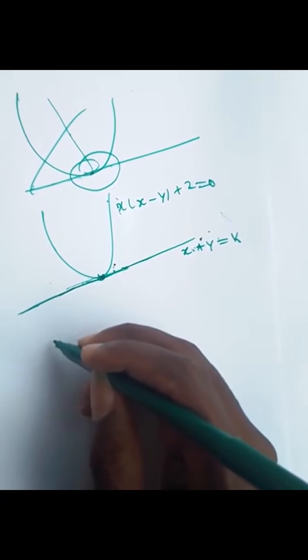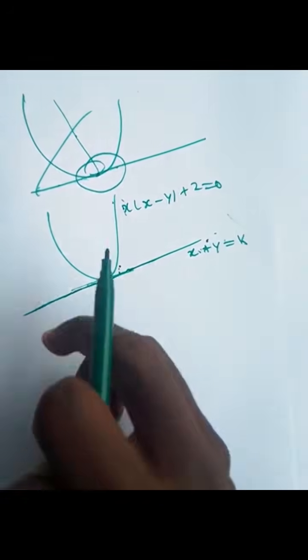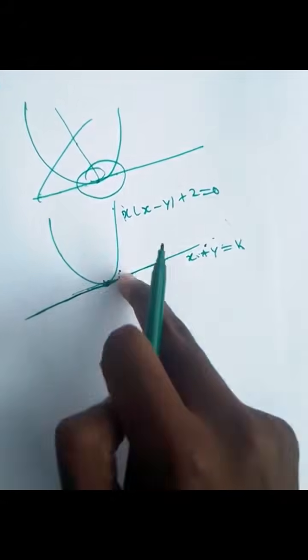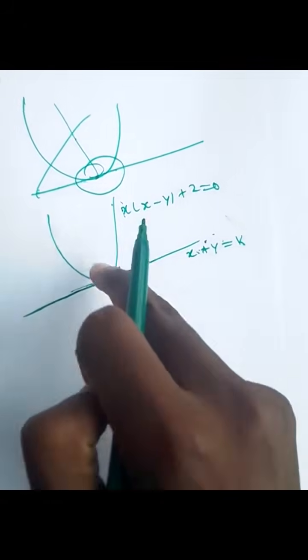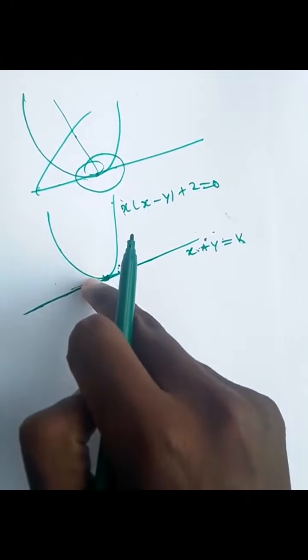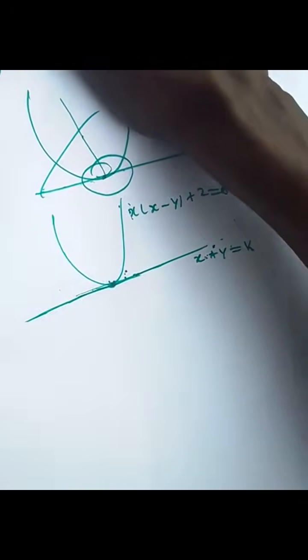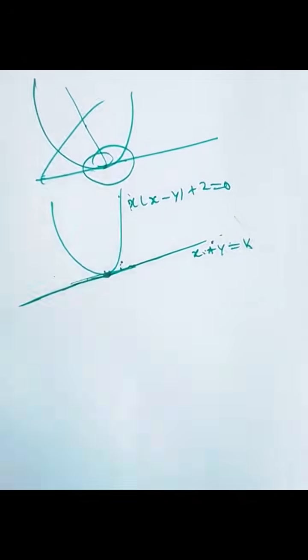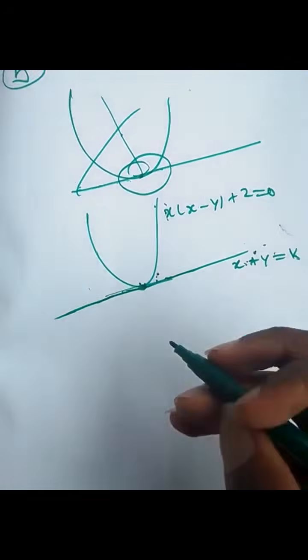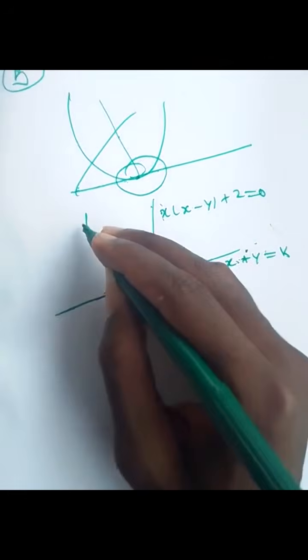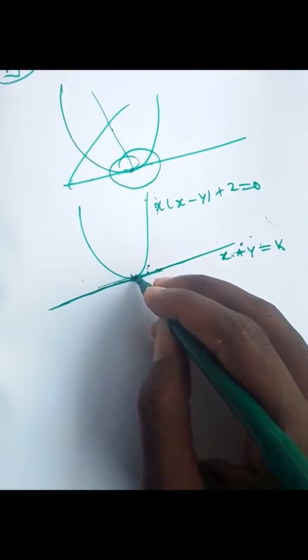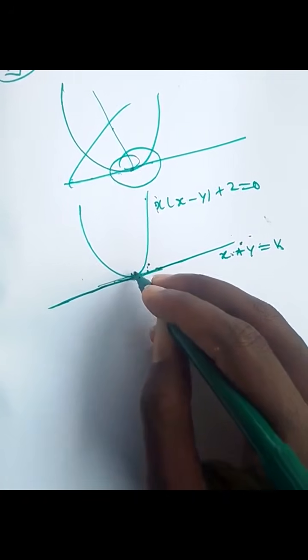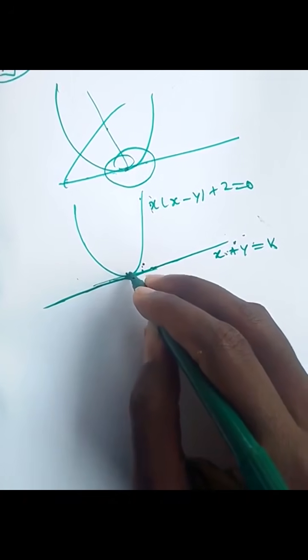Now listen, this straight line and the curve have met somewhere. Since they have met somewhere, we need to find the point where they meet, or an equation that will lead us to find where they meet.